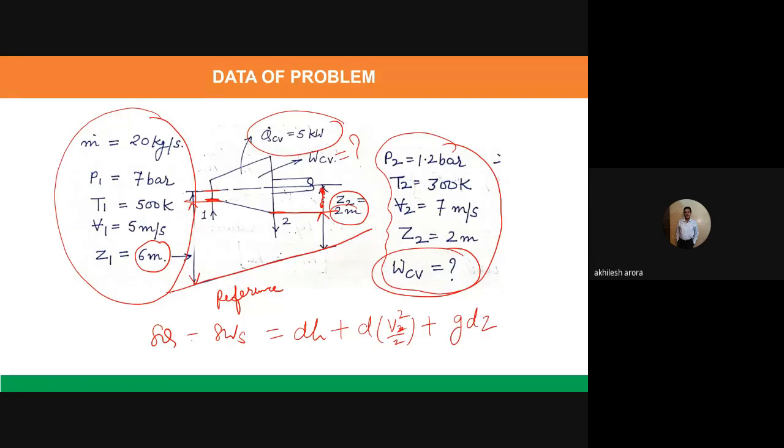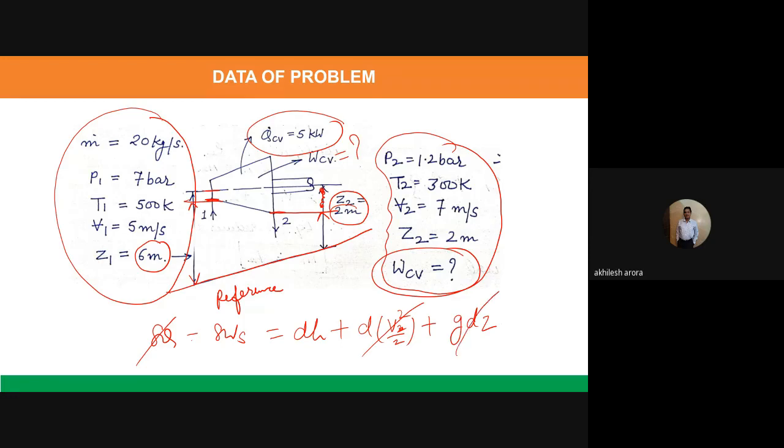I said that in the case of a turbine, it's an adiabatic process, and we neglected this. Then we said there is no change in the velocity, we neglected this. Then we said there is no change in the elevation, we neglected this term. And we were left with only these two terms.